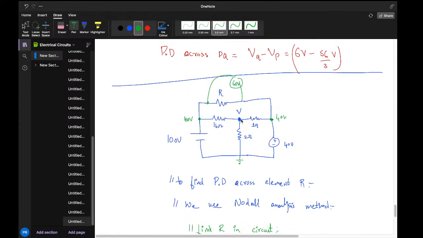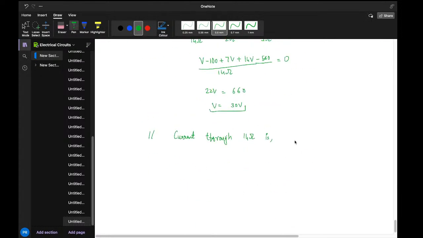Current through 14 ohm is (100 minus V) divided by 14. So it's (100 minus 30) divided by 14. This is going to give me 70 by 14 amps.